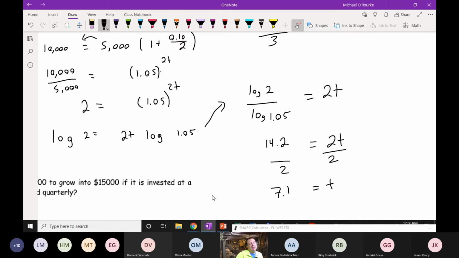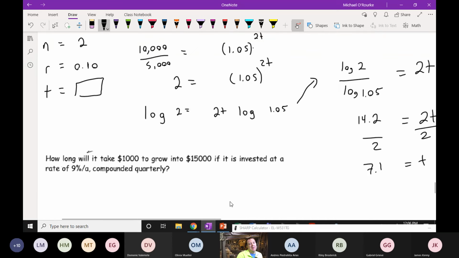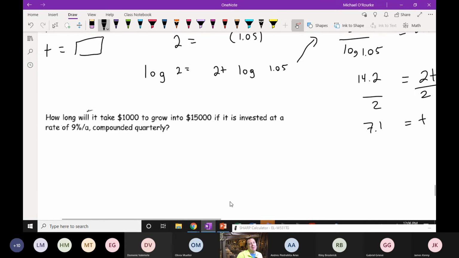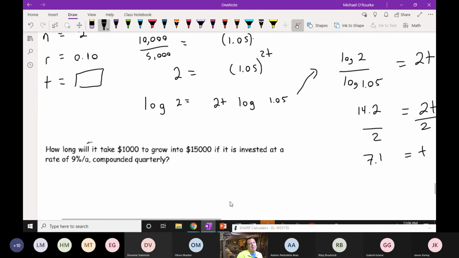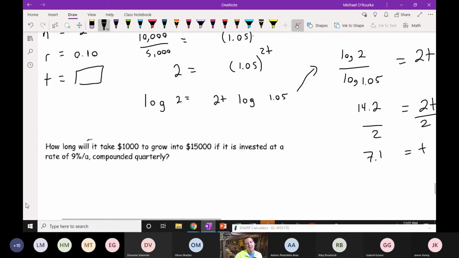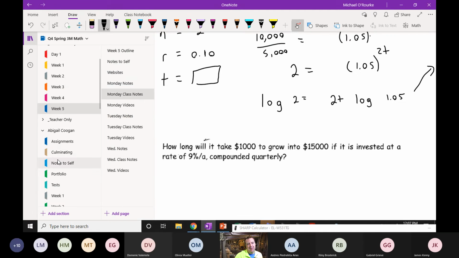Does anyone have a faint memory of that from earlier this year? Yes, no, maybe so. The one below it is just like it. Log is just t.